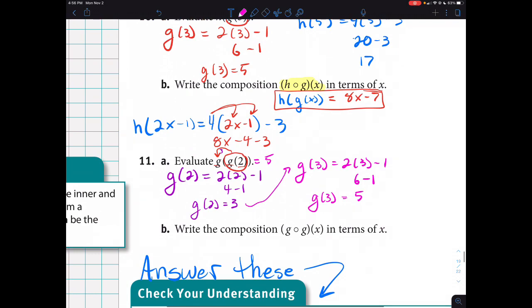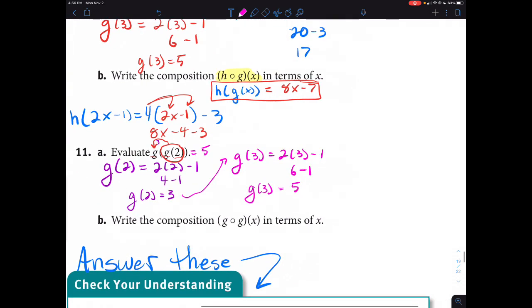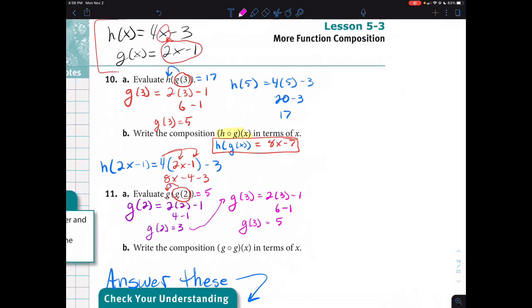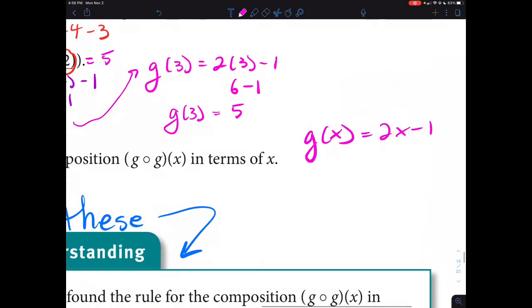And then we're going to write the composition. I'm going to take g and plug it into g. So function g of x was 2x minus 1, right? So g of g of x is really g of x. So I'm taking function g and I'm plugging g into g. So it's g of 2x minus 1.